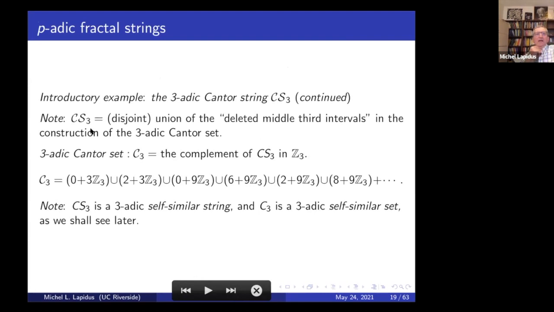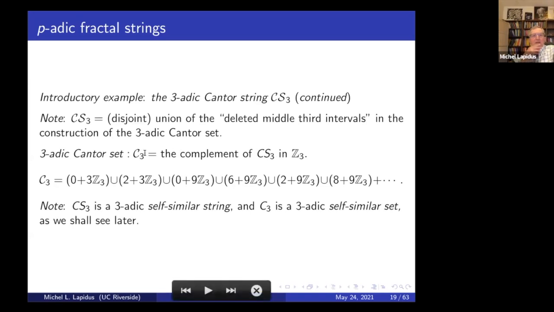Okay, so CS3, the triadic Cantor string, is the disjoint union of these deleted middle intervals. And the triadic Cantor set is the complement of CS3 in Z3. So this is what is left after having deleted the middle third intervals. And it is a compact subset of Z3, of course.